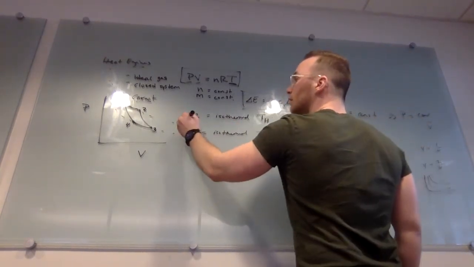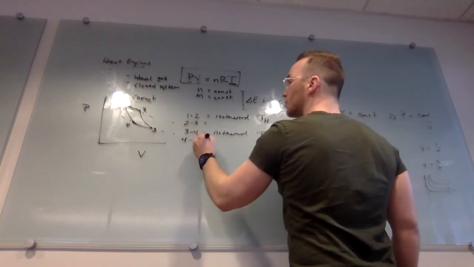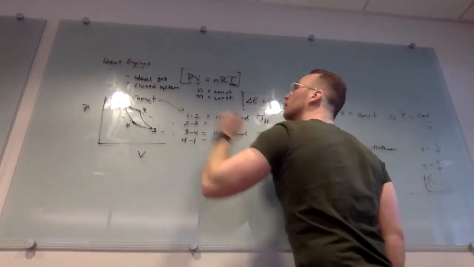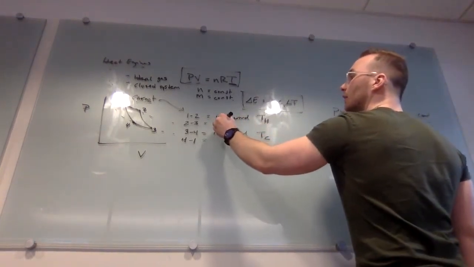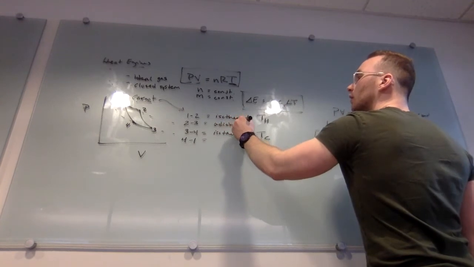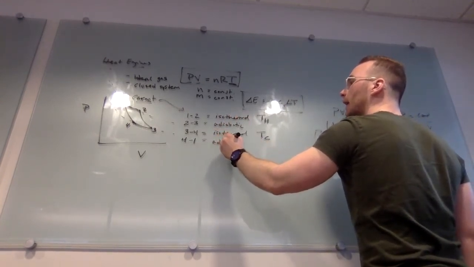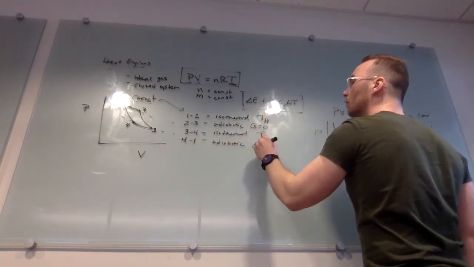Okay, so then, again, this is still the definition of the Carnot cycle. From 2 to 3, these are adiabatic, and 4 to 1 is adiabatic again. Adiabatic just means that Q is 0.